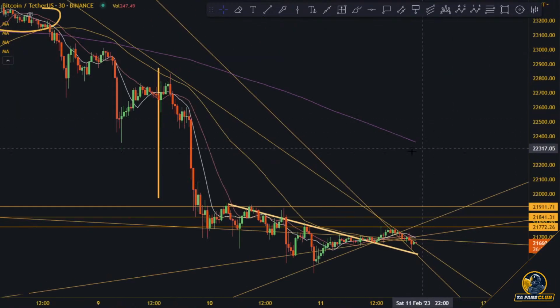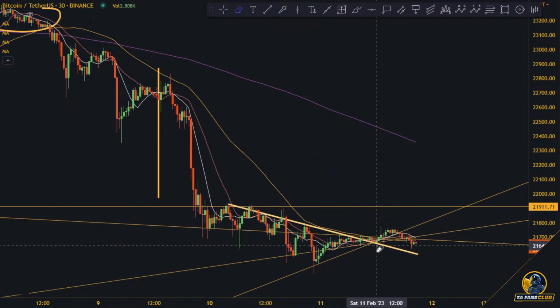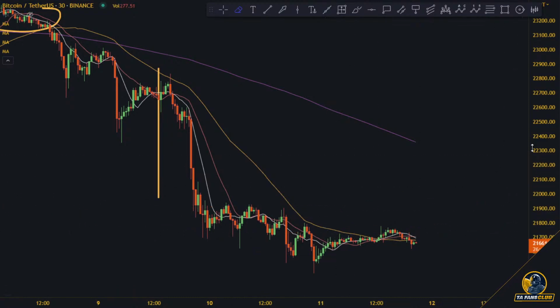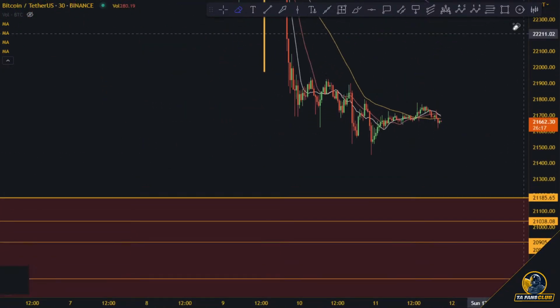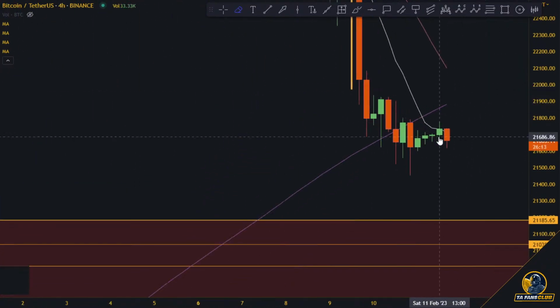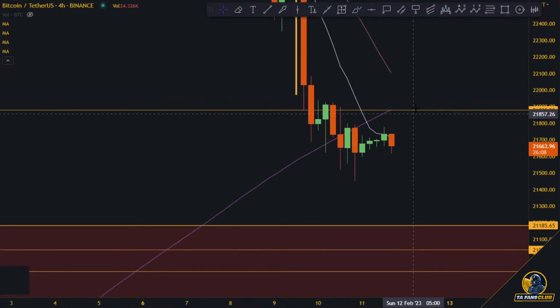So Bitcoin's literally not doing anything. It's so slow, so discouraging, so lame. Up here we came to the 10 moving average. I thought maybe, just maybe, it's gonna go up to the 200 moving average again.